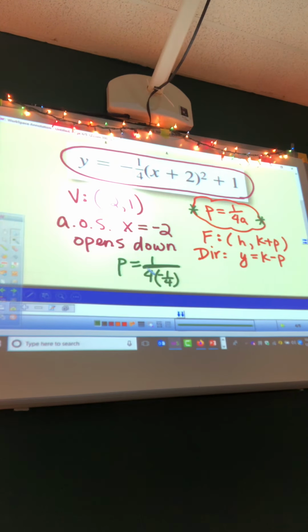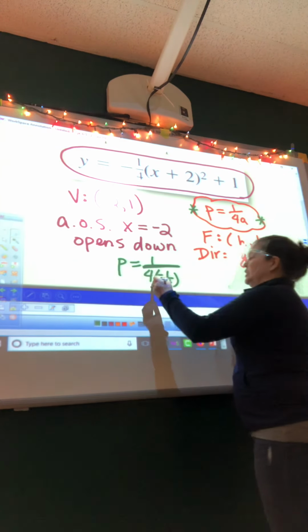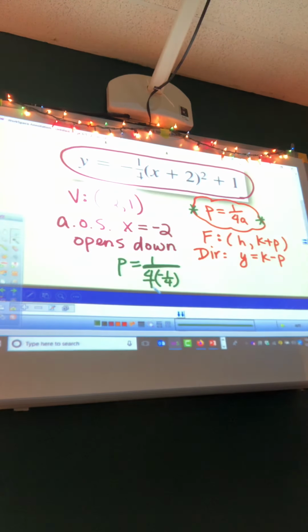Fractions within fractions. Oh no, we love our fractions. They're very friendly. But if I have a fraction and a whole number, usually you make the other number be a fraction. So how do I make 4 be a fraction? Put a 1 underneath it. Top times top, bottom times bottom.